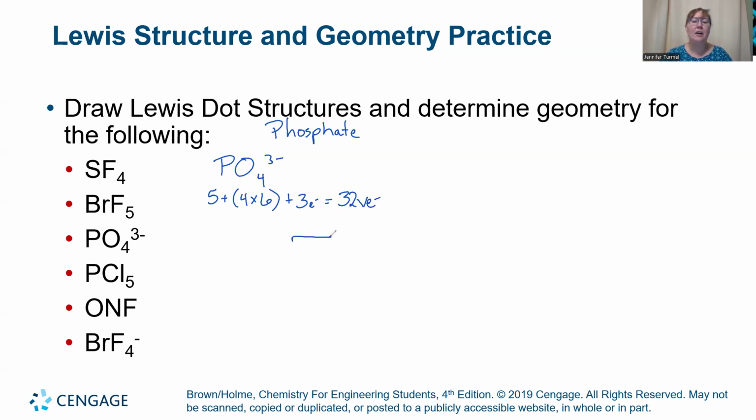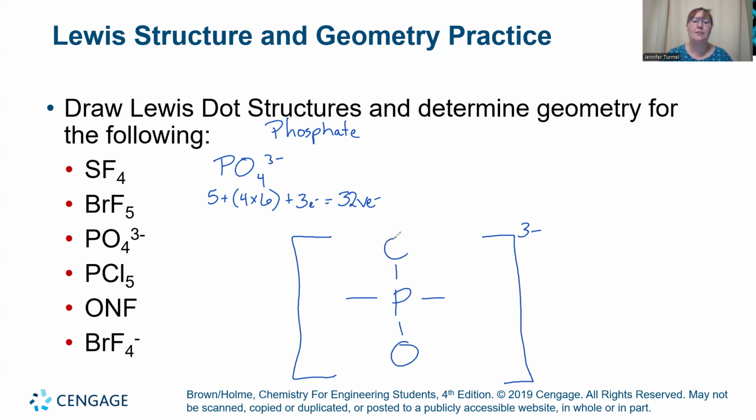Now, because it's an ion, we have to start with some brackets. Brackets says ion. All right, and 3 minus. Now we have our phosphorus, and we're going to place our oxygens around it, just like that. Okay. And now I have 8 electrons accounted for, and I need to place 32.